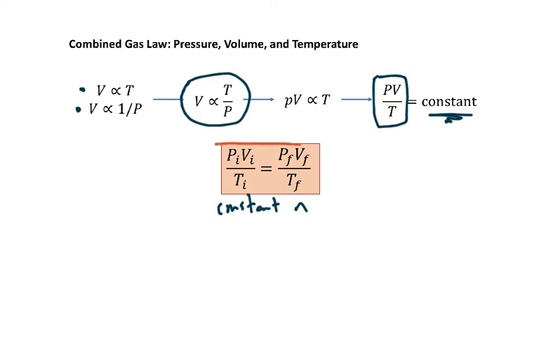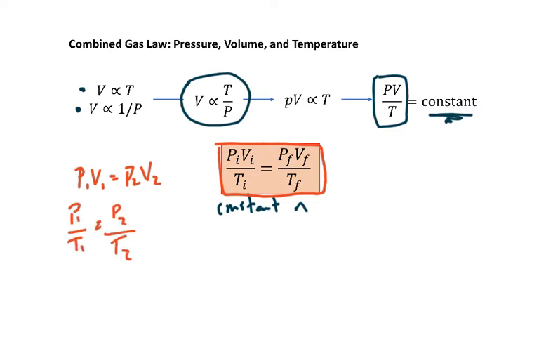So if 2 things are equal to the same number, then they're also equal to each other, right? And we end up with the combined gas law, P1 V1 over T1 equals P2 V2 over T2. And notice that the past laws are all contained within here.